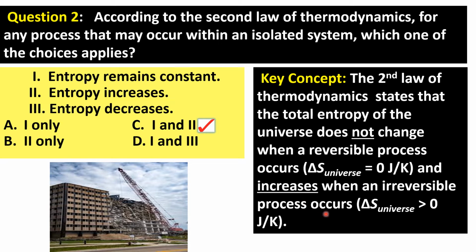Most processes, if not all, are considered irreversible. So that means in the whole world, you are heading towards a greater degree of randomness or degree of entropy, which sometimes is also stated as order heading towards disorder.